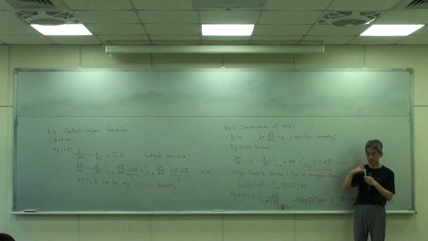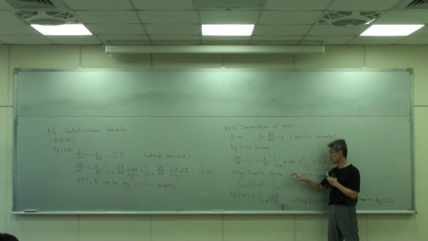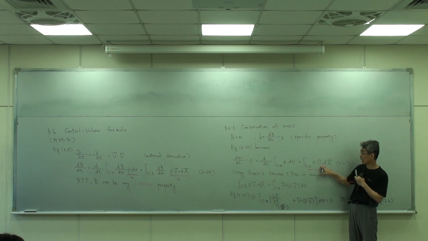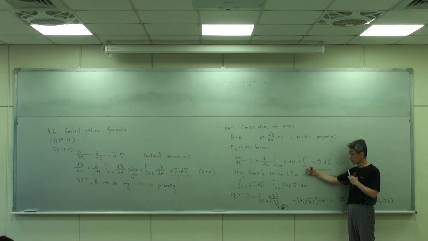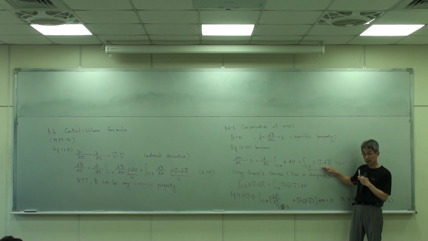For this closed surface, you can use this Gauss theorem because the in and out is through a closed control surface. That means for this closed control volume, their flux change is related to the in and out of this control surface.